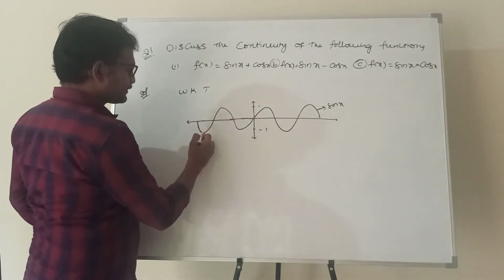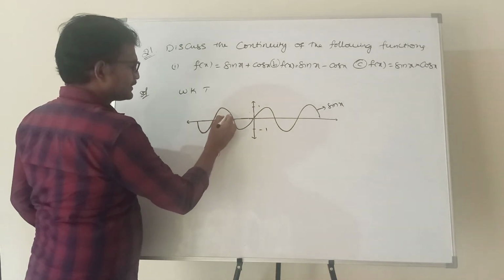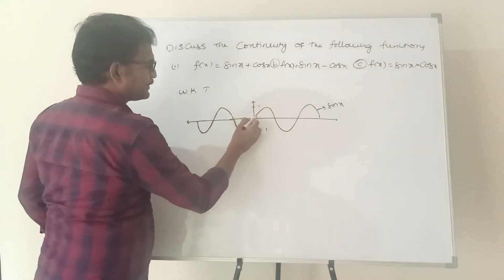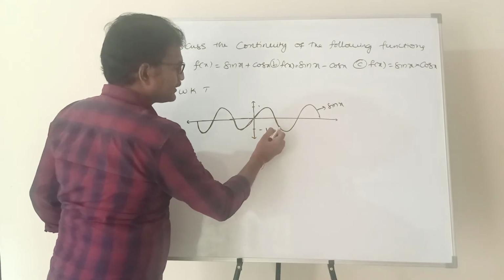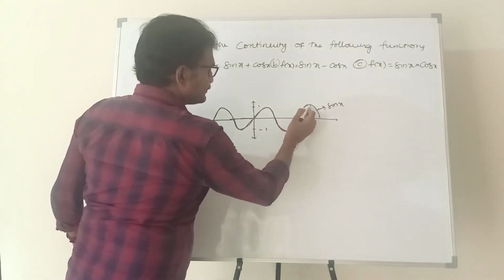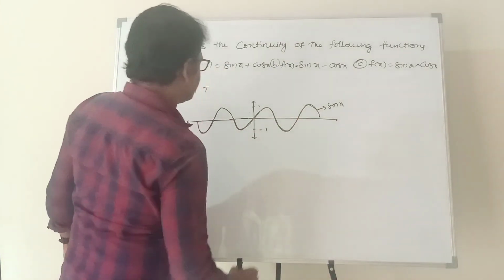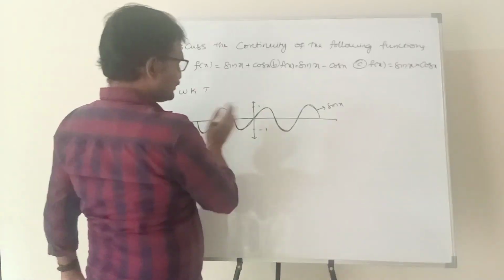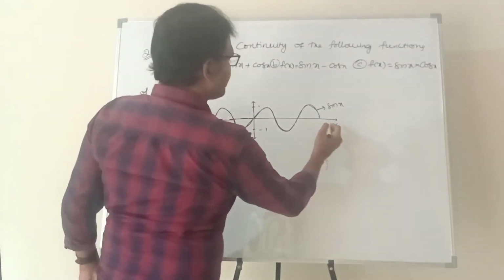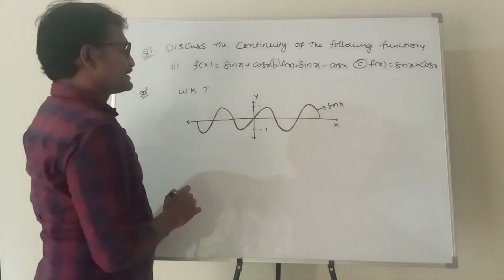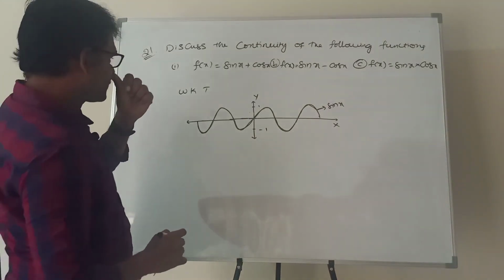To draw this graph, you no need to lift the pen on the plane or on the paper. So these peaks will come continuously, both left hand side and right side of x axis. Therefore, sin x is called as a continuous function.